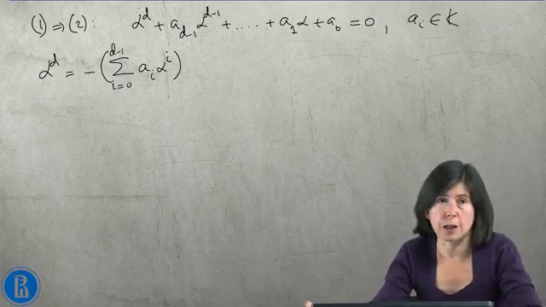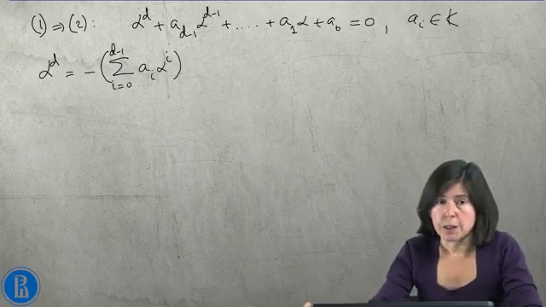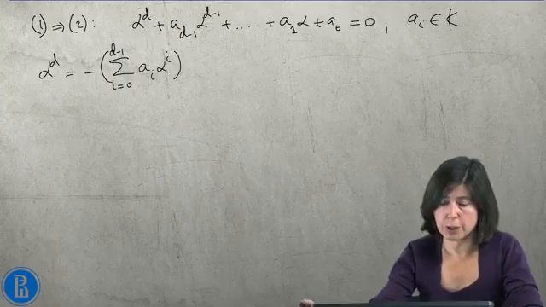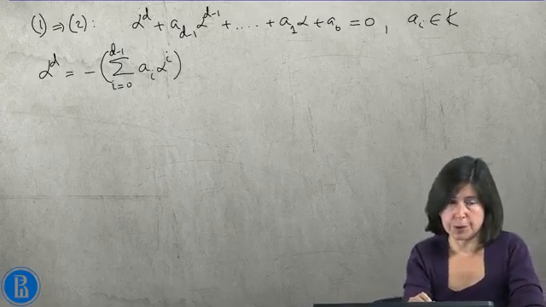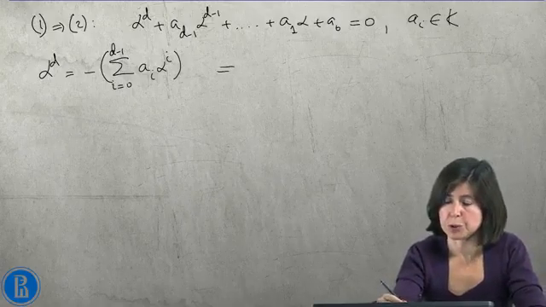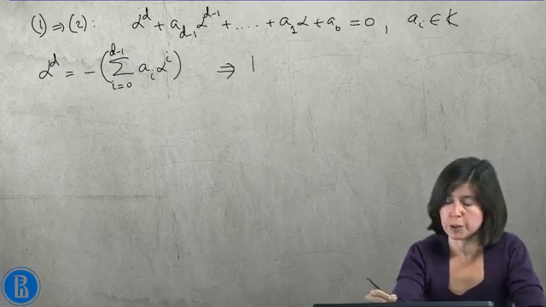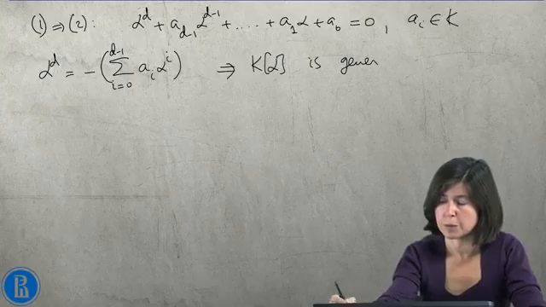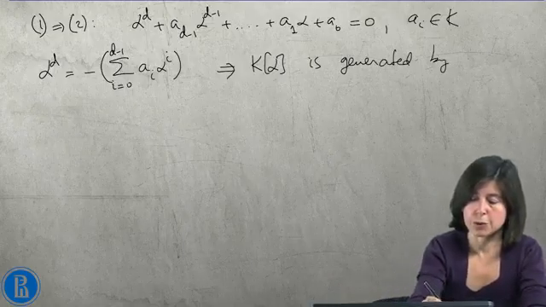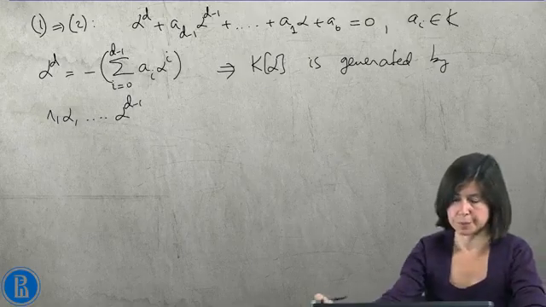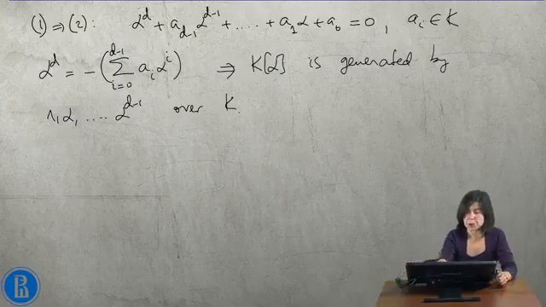So you see that alpha to the power of d, alpha to the power of d plus 1, and so on, are going to be linear combinations of the lower powers of alpha. This implies, of course, that K of alpha is generated by 1, alpha, and so on, alpha to the power of d minus 1 over K. And in particular, it is finite dimensional.